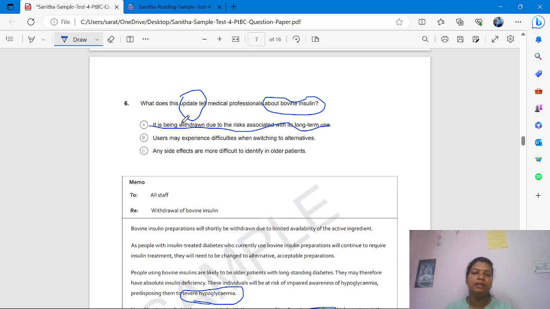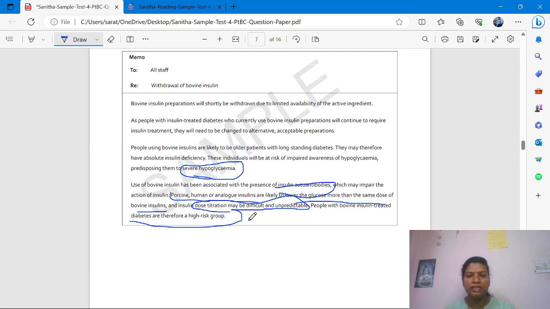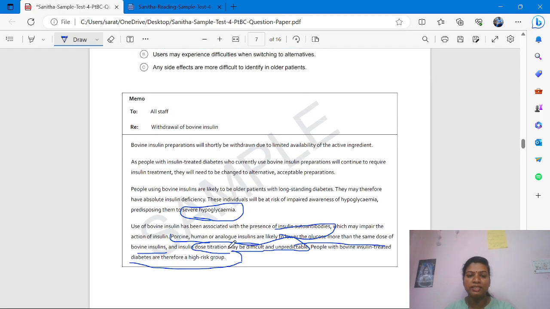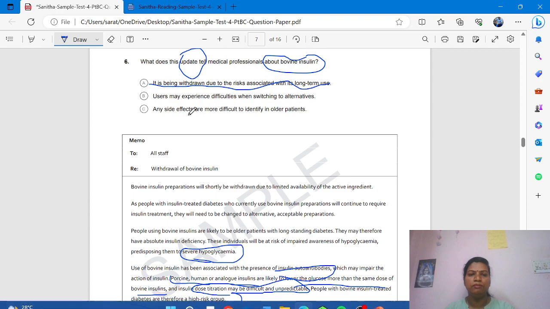Okay, come to B. Users may experience difficulties when switching to alternatives. Dose titration may be difficult and unpredictable. People with bovine insulin treated diabetes are therefore a high risk group.